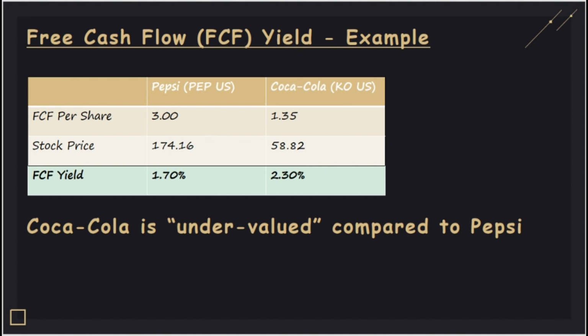So as a result, what it suggests is that compared to its price, Coca-Cola can generate a higher level of free cash flow than Pepsi, meaning the Coca-Cola stock price is undervalued relative to Pepsi. And for value investors, it's better to go with Coca-Cola rather than Pepsi when considering investing in the soft drink business. And up to here, I hope the concept of free cash flow yield makes good sense and sounds straightforward.